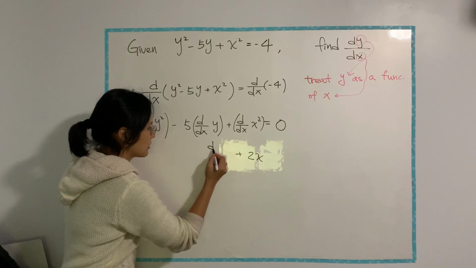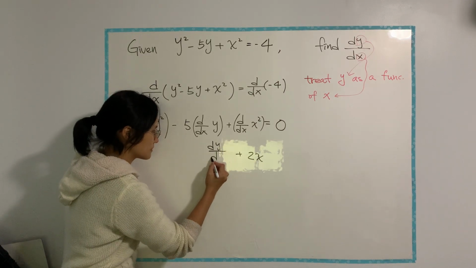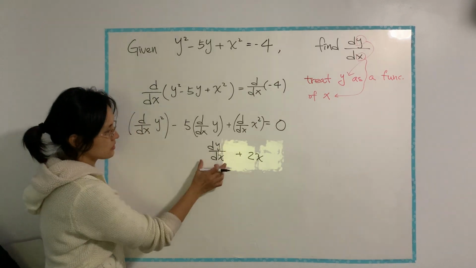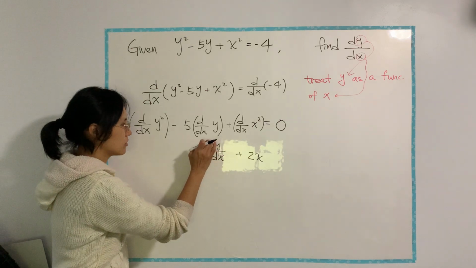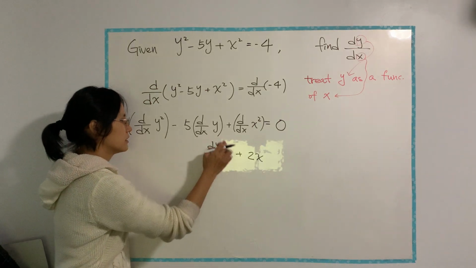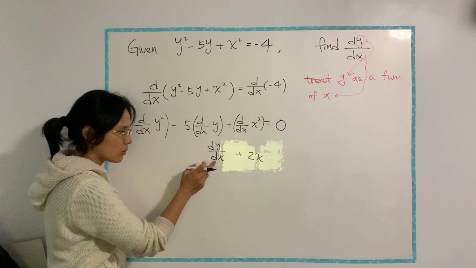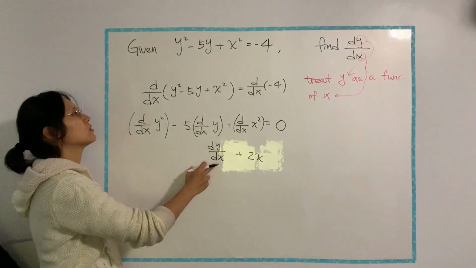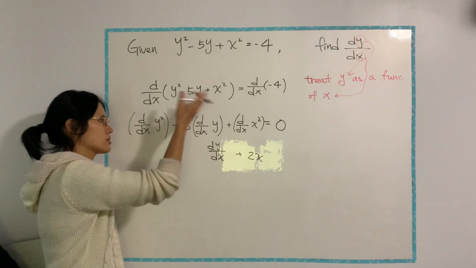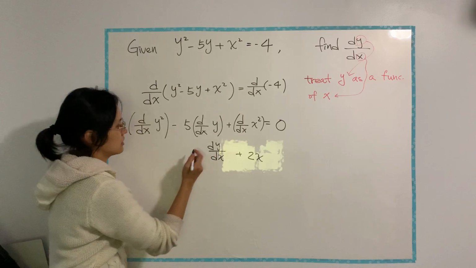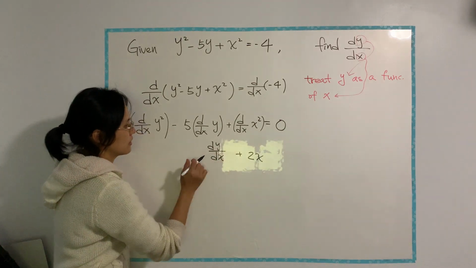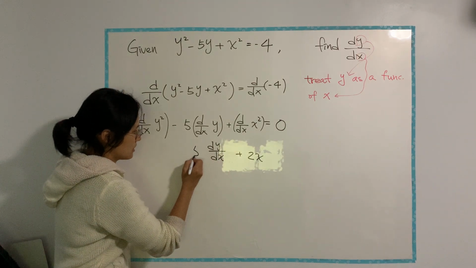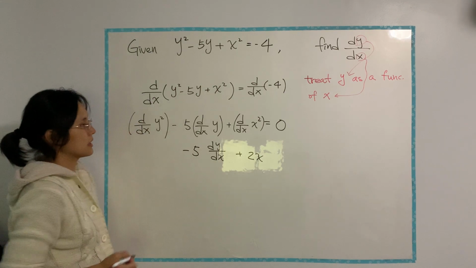It is as simple as this, y prime. This symbol refers to the derivative function. We don't know what it is because we don't know exactly what y looks like in terms of x, so we just keep it as is. Write the 5, write the minus sign.